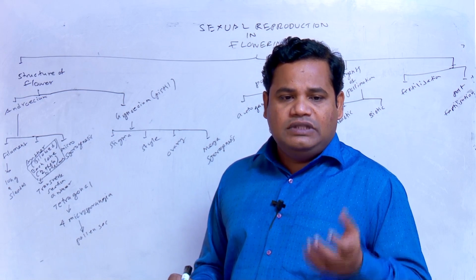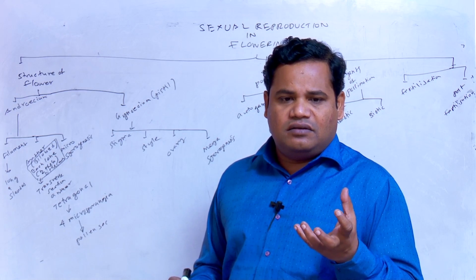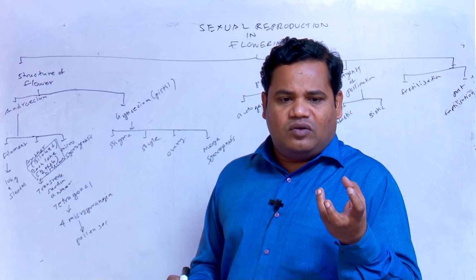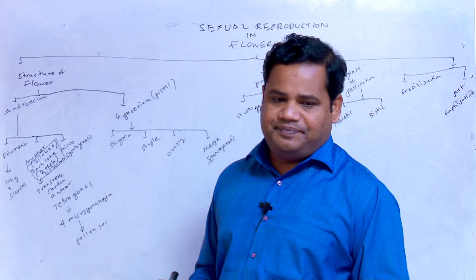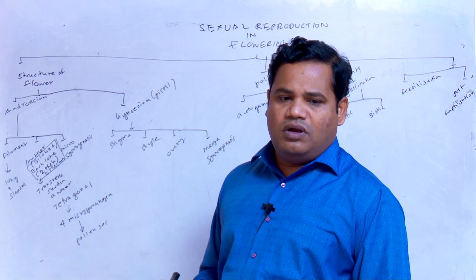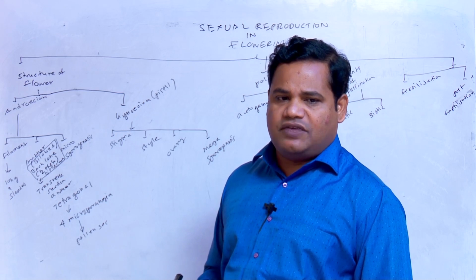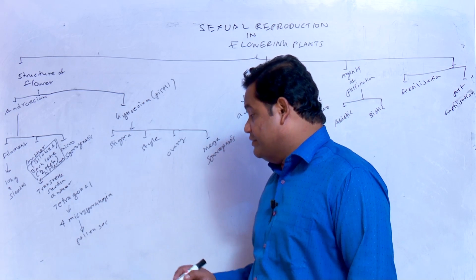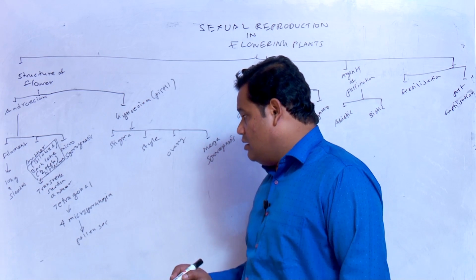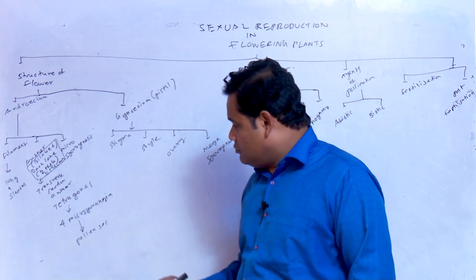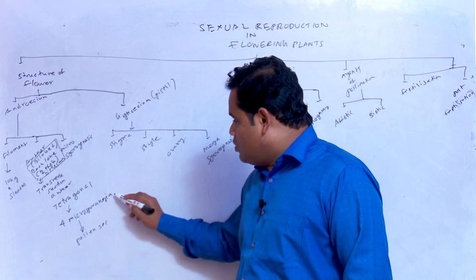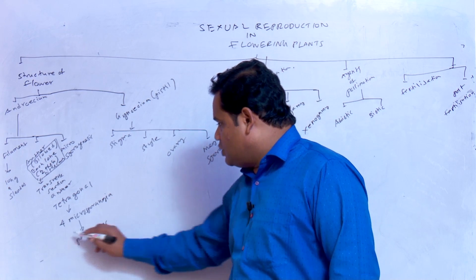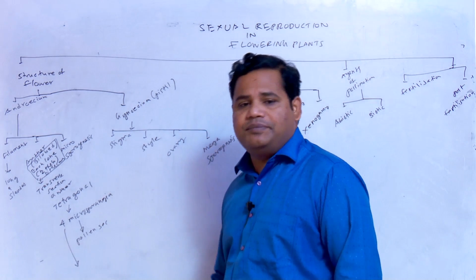And this pollen sac is packed with pollen grains. So let me discuss the four microsporangia, which give the pollen sac, very clearly. Talking about microsporangia in detail.